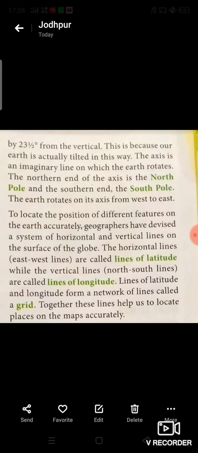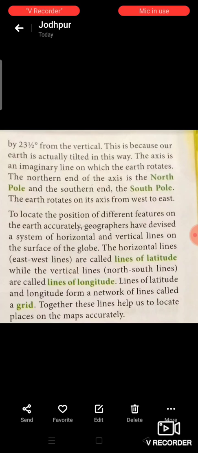To locate the position of different features on the earth accurately, geographers have devised a system of horizontal and vertical lines on the surface of the globe. To know the different locations of the earth, geographers made a system of horizontal and vertical lines.